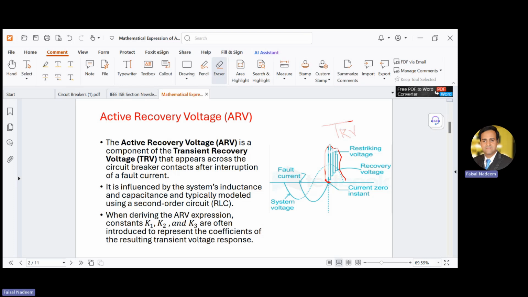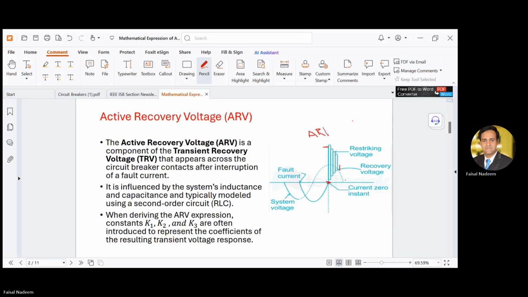These things have already been explained in my previous lecture. So what is the active recovery voltage? Starting from current zero up to this point, the voltage from here to here is known as active recovery voltage or ARV.